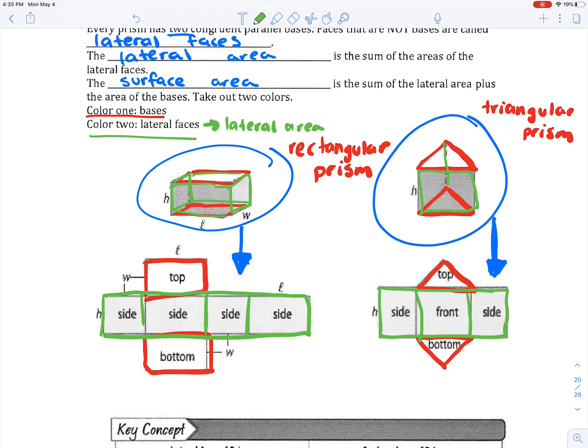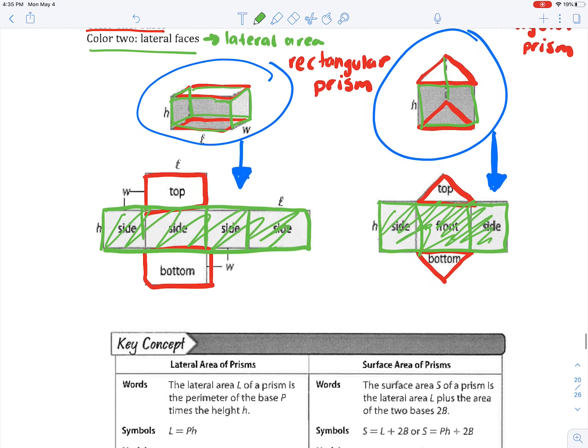If I look at just the area in green here, this would be my lateral area. If I add the green and the red, I get the surface area because I'm covering the whole thing. So again, lateral area is the lateral faces added up. Surface area is the whole thing, the lateral area plus the area of the bases.